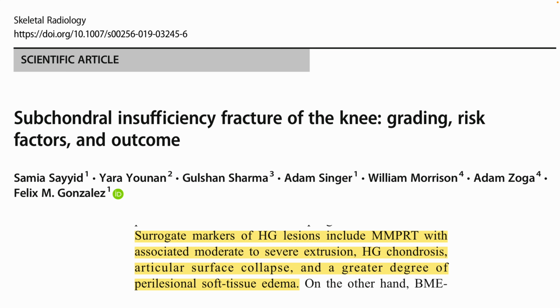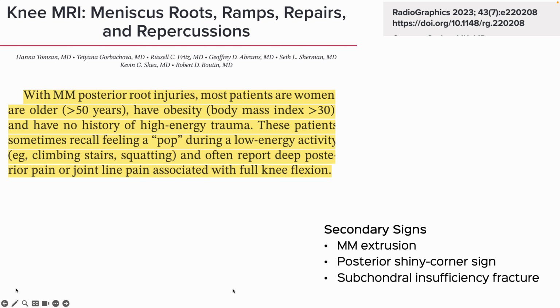Now, if you look at articles, and this is a 2019 article on SIFK, a very, very long, elaborate article, but at the end, they say that for high-grade SIFK lesions, the surrogate markers are MMPRT, chondrosis, extrusion, and a greater degree of perilesional soft tissue edema.